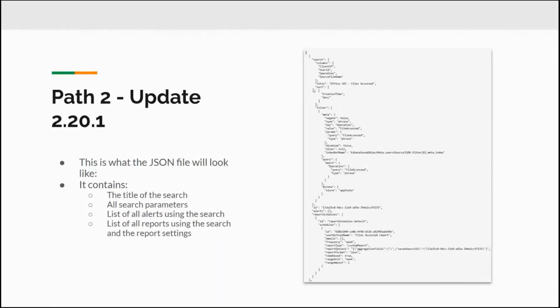It's also going to really spell everything out in there: the title, the search parameters, the list of alerts that you created that are using that search, and the list of all of the reports that are using that search in the report settings. So if it was a search that you really liked and you were using quite a bit, that's going to be important for you to reference here. So that's why we included that.